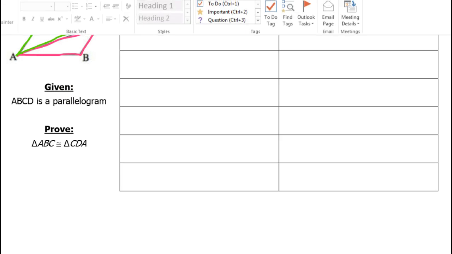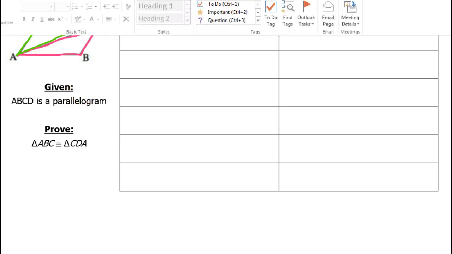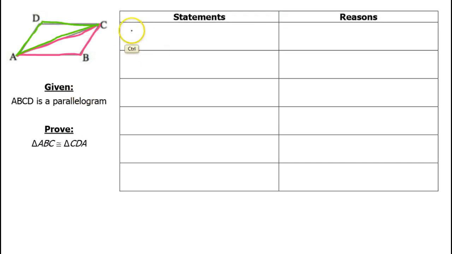Let's see what we've got. Okay, so let's get the given out of the way. So we can definitely say ABCD is a parallelogram. That is given.